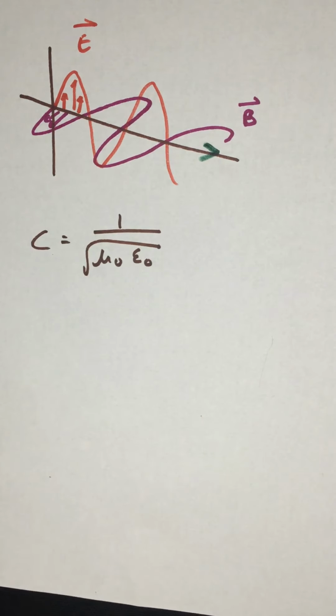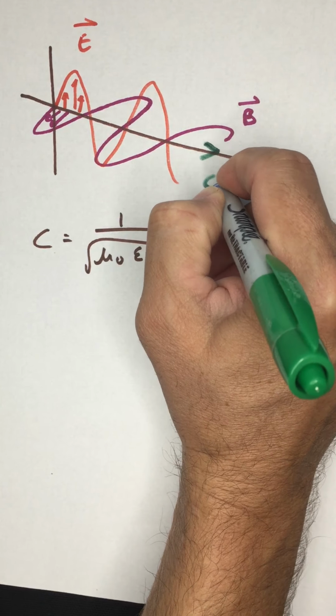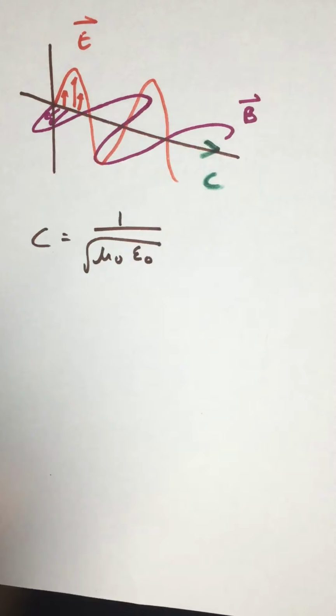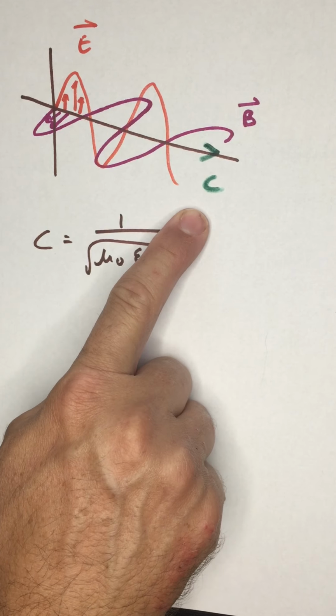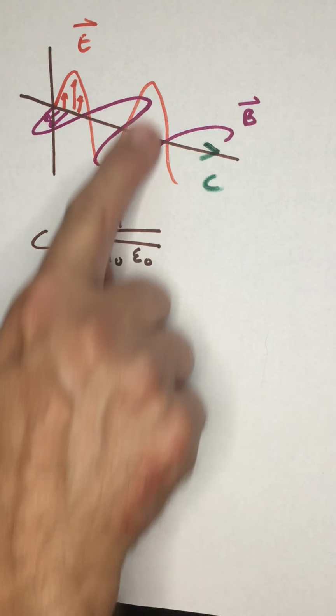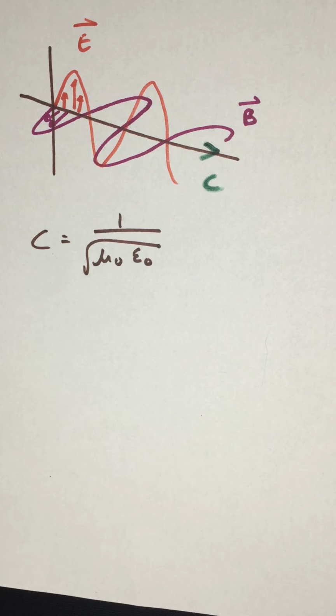It is going to be traveling with a speed, which we'll call c. Sometimes we call it v, but we're going to call this one c. The direction of c is perpendicular to the direction of E, perpendicular to the direction of B. They're all mutually perpendicular to each other.